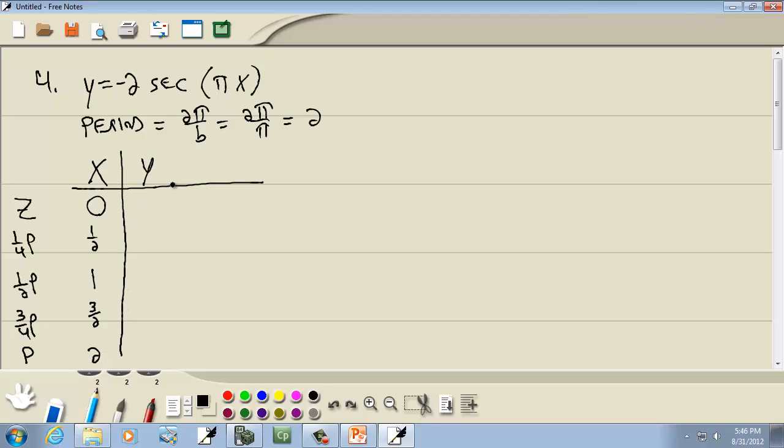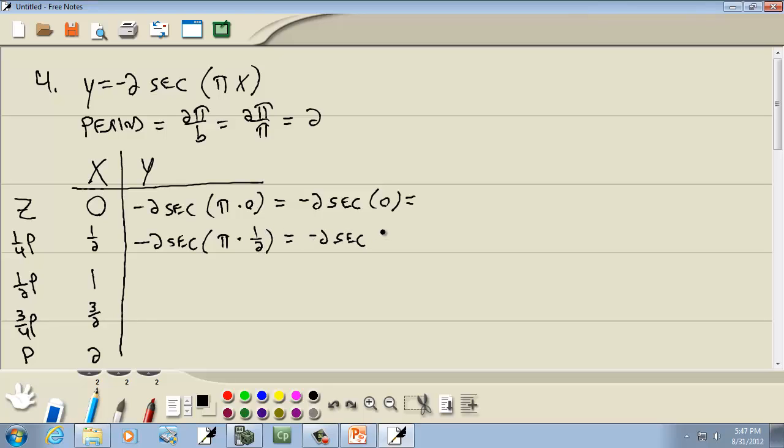Okay, then I'm going to plug it into my trig function there. So I got -2 secant pi times 0, which gives us -2 secant 0. We got -2 secant pi times 1/2. Again, plugging in each one of our x values, which gives us -2 secant pi over 2. Plug 1 in here.